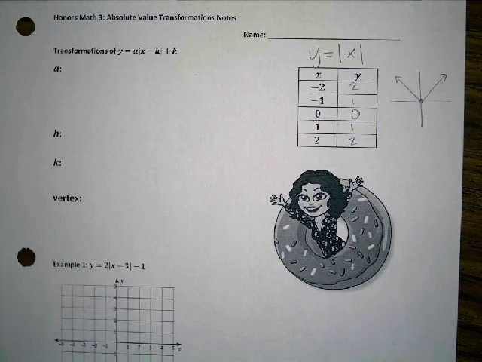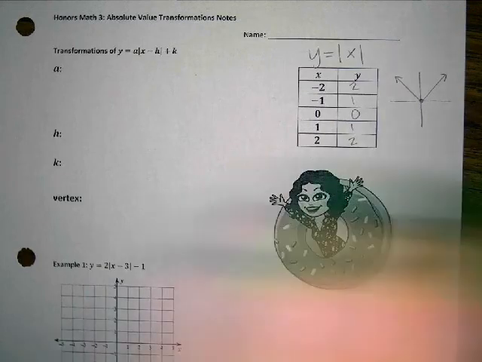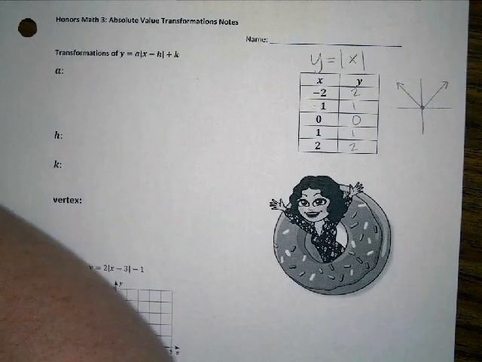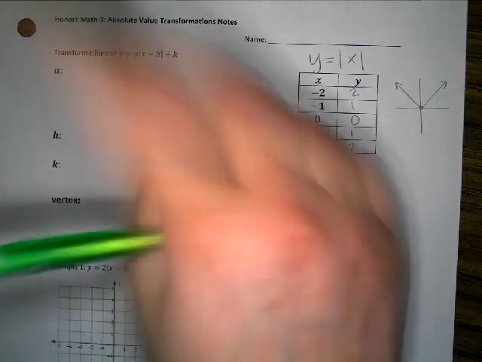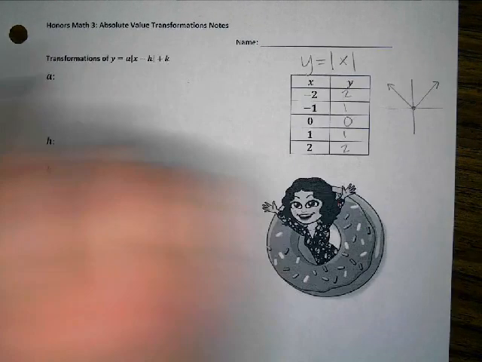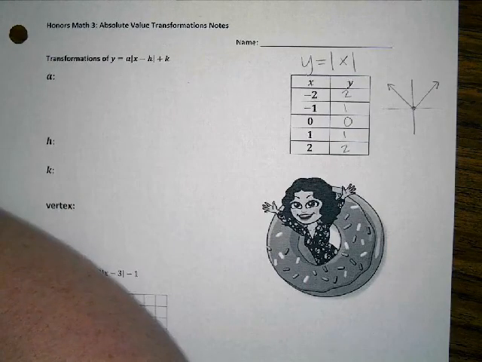Did everyone get that? A in the front, then an h, then a k. We good? It looks a little different than your paper because your paper says minus h. We're putting a plus. Okay, we all have that typed in?